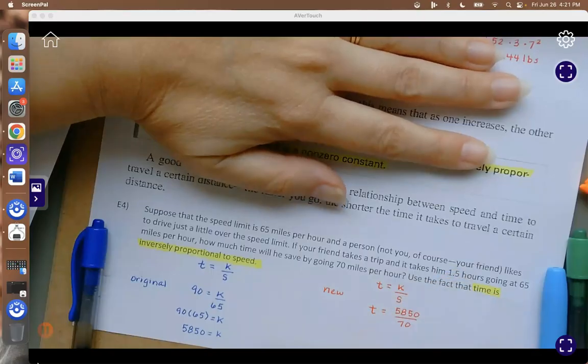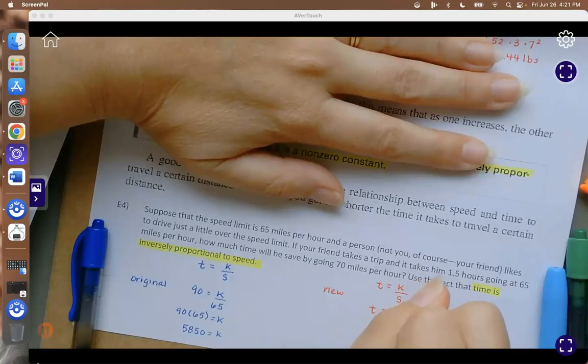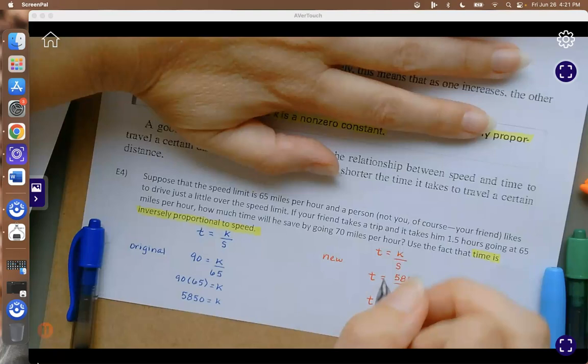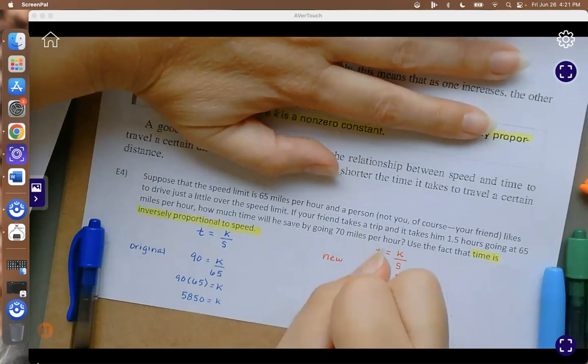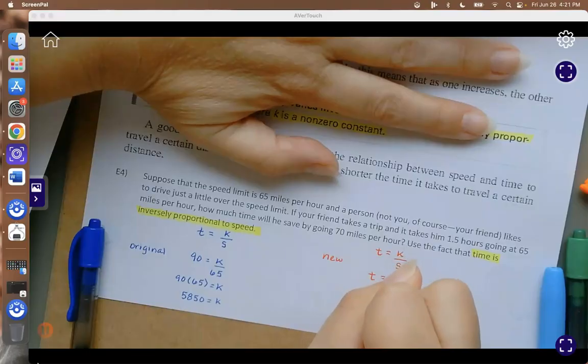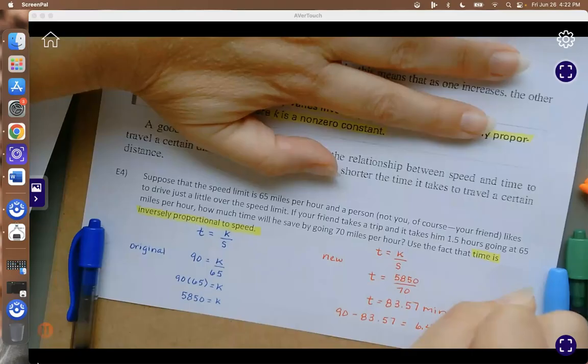So here we just have a basic division problem and our time is 83.57 minutes. Okay, so it says how much will he save? The other trip took him 90 minutes. 90 minus 83.57 is 6.43 minutes is what he saved.